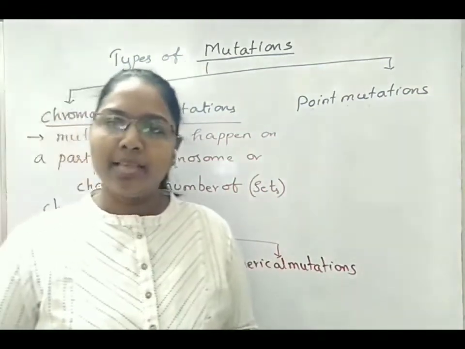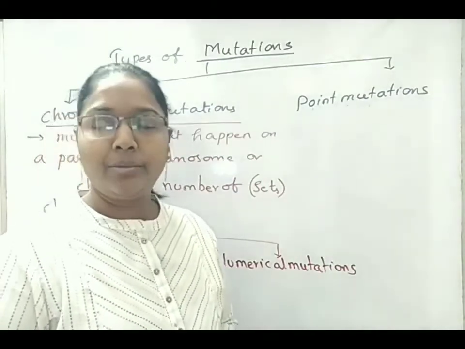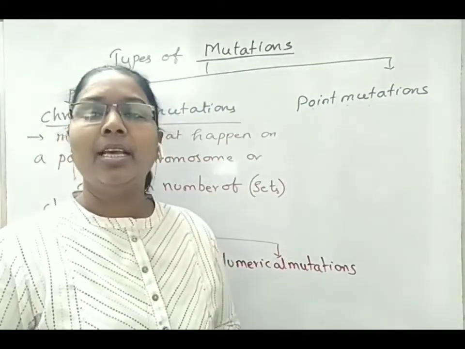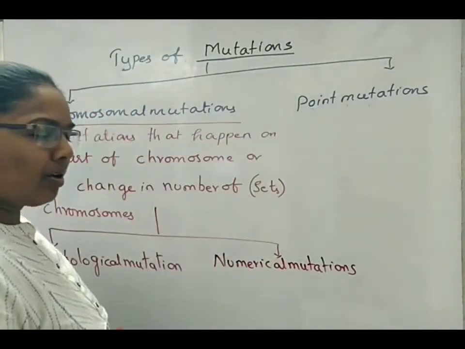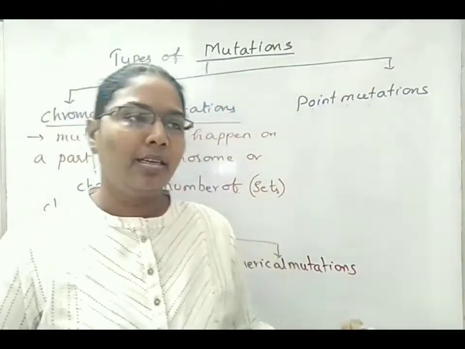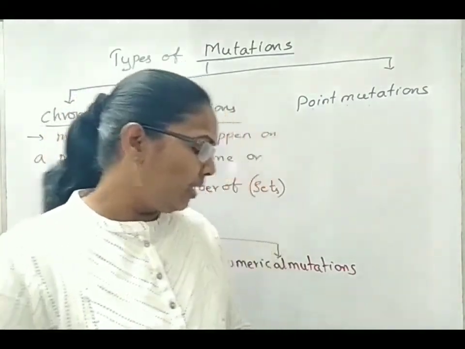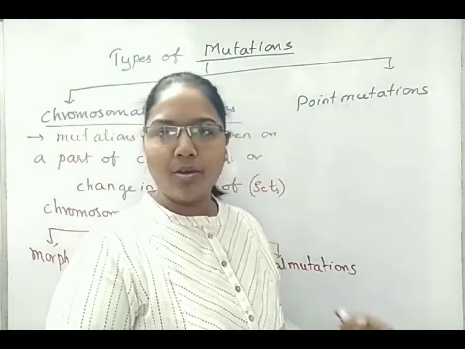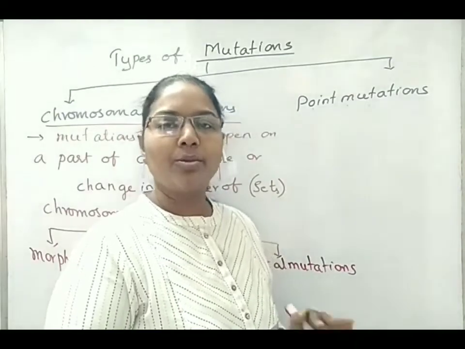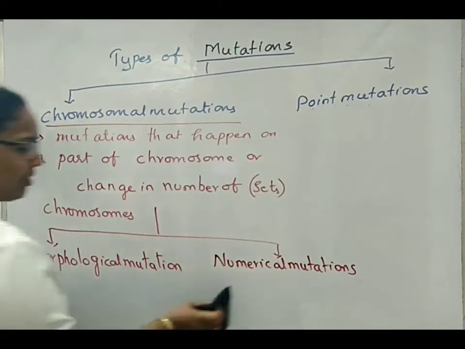They are named deletion mutation, duplication type of mutations, inversion mutations, translocation mutations, reciprocal type of mutations. The disorders that are caused by such mutations are also given in our NCERT textbook, like Down's syndrome, thalassemia, etc. So we need to learn about these types of mutations also. So please don't neglect to learn. We will see the types of morphological mutations first.